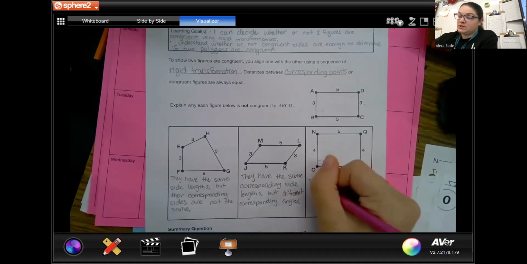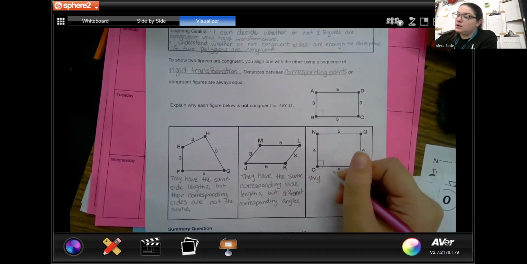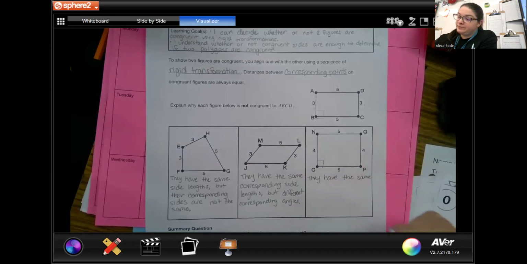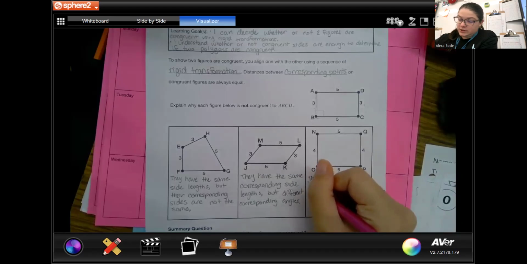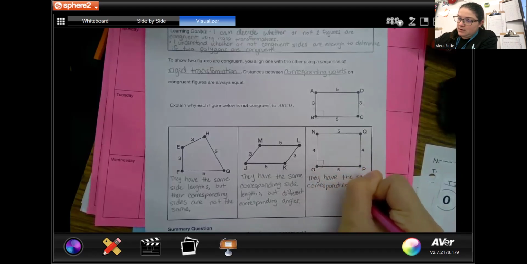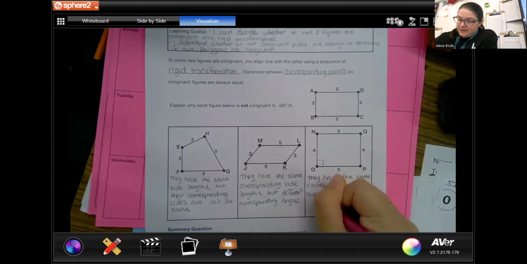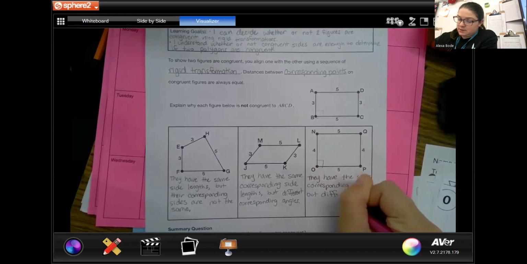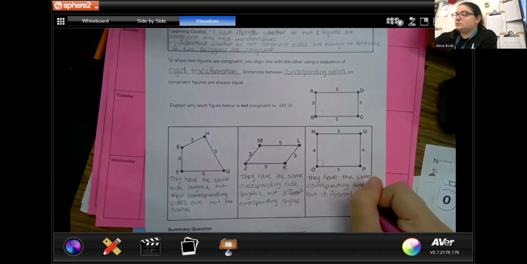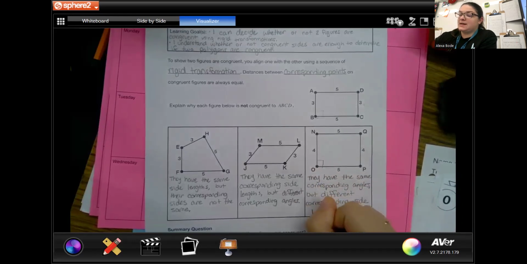So this one, they have the same corresponding angles, but different corresponding side lengths.